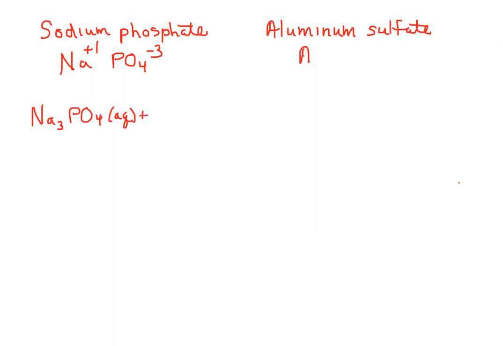And over here we have aluminum sulfate, and that has a -2, and aluminum has a +3, so that becomes that.